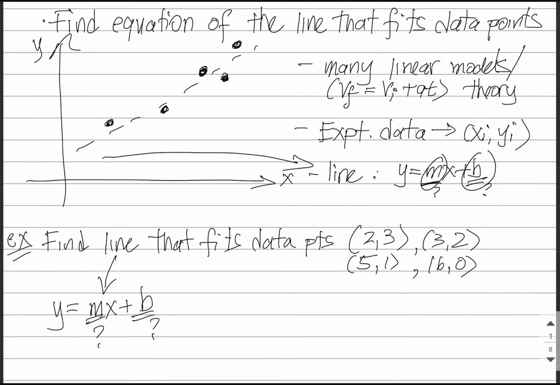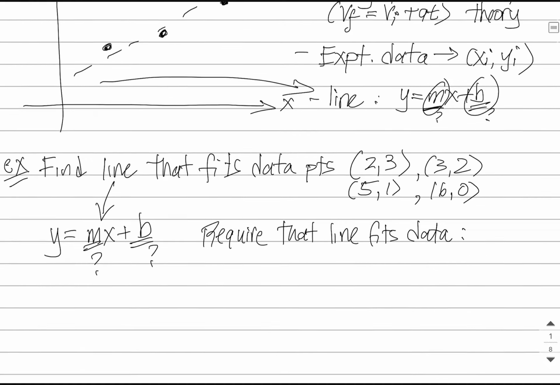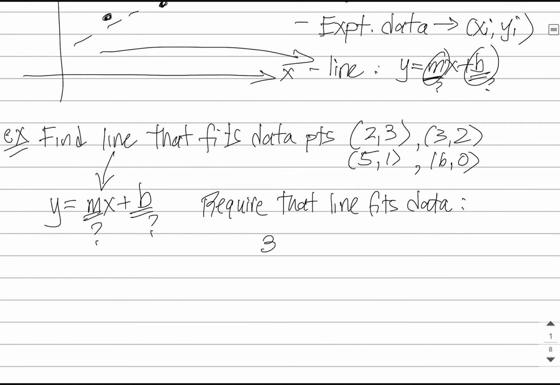And we require that this line fits the data. That means whenever we plug in the coordinates of each data point, it must make this linear equation true. So for example, if I take that first data point, I will have that 3 is the output when 2 is the input. So this equation should be true.